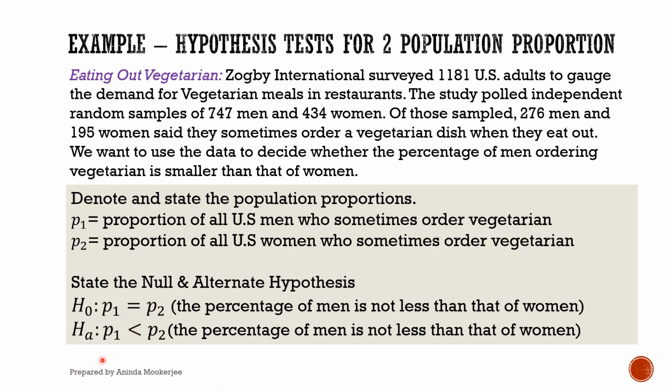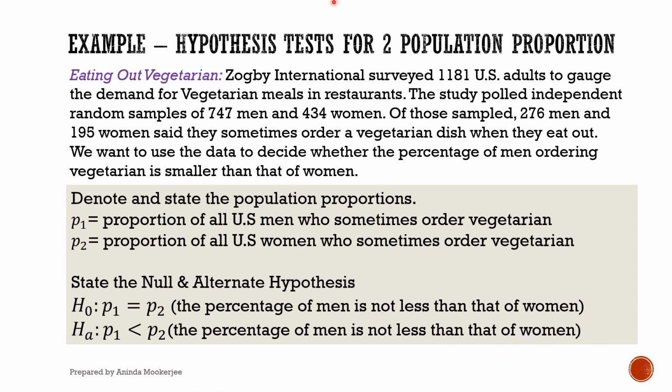For the alternate hypothesis, we wanted to study whether men order less frequently, therefore whether the percentage of men ordering vegetarian is smaller, and that's the reason we have the less than sign in the alternate hypothesis statement. It says P sub 1 is less than P sub 2, that is, the percentage of men is less than that of women.